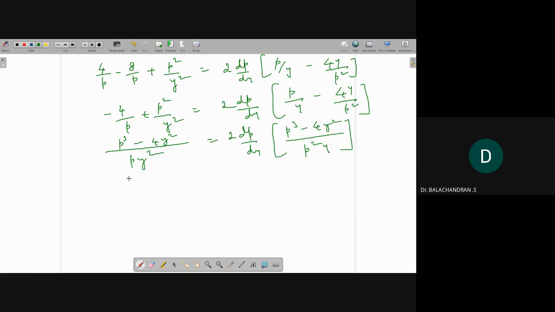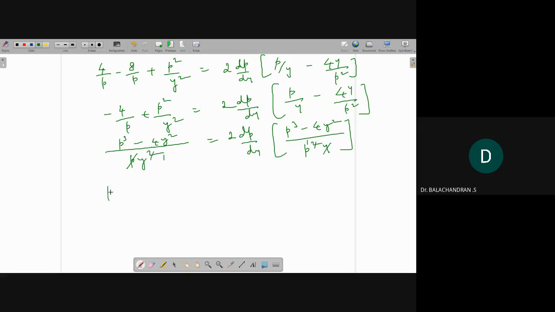So now here we have p, here we have p square. You can cancel, the power is 1. So you have y, you have y square, so power 1. So just cross multiply by this p.